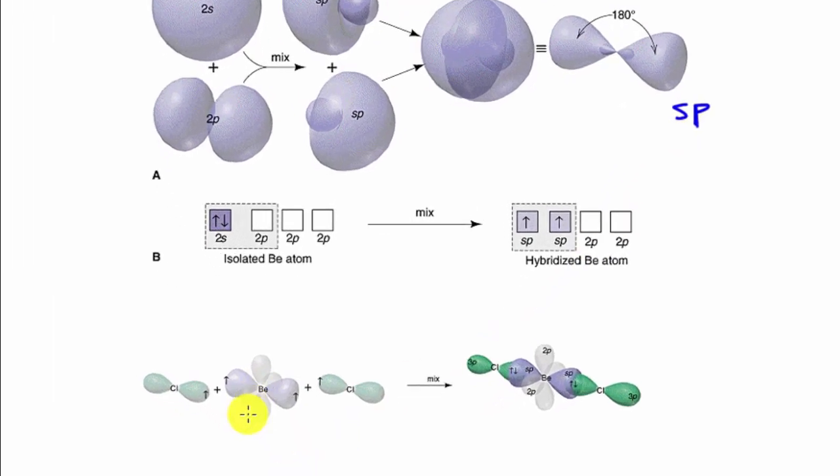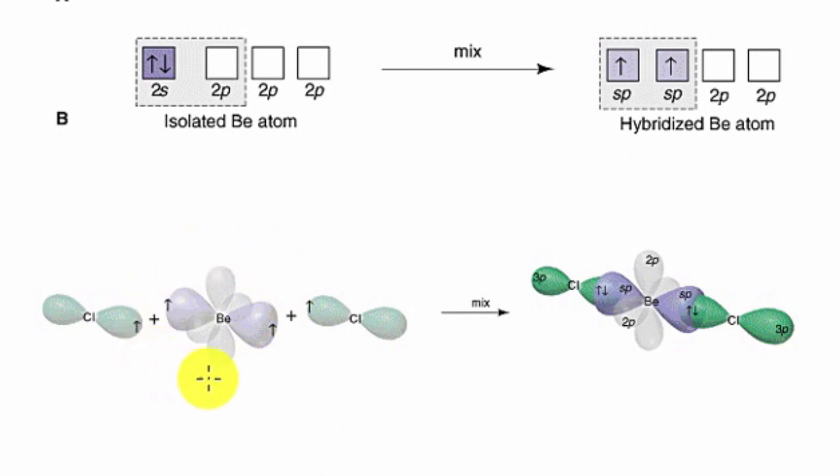And this explains what's going on in beryllium. If you look at this shadowy image of beryllium, there's an electron here and an electron here, right? That's what this is showing right here. Now chlorine comes along, and chlorine has a single electron that is going to bond and overlap here, and another bond is going to form over here. And you can see that this explains that linear structure for that beryllium dichloride.